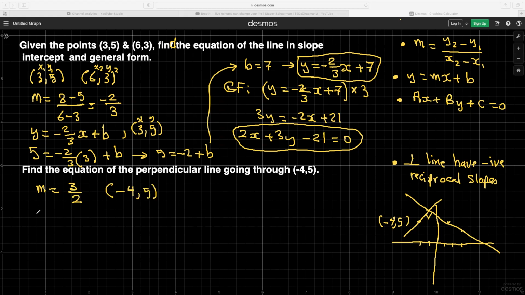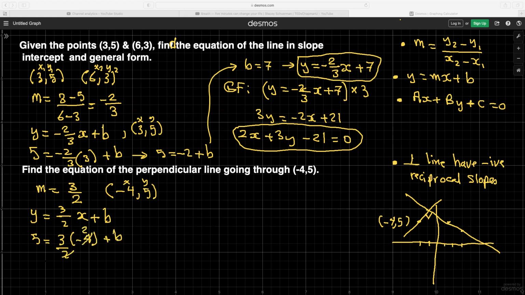So I'm just going to find it in slope-intercept form. So y equals 3 over 2 x plus b. I'm going to sub in this point, the x and the y, to find the b. So we have 5 equals 3 over 2 times negative 4 plus b. I'm going to reduce here, and that becomes 2.